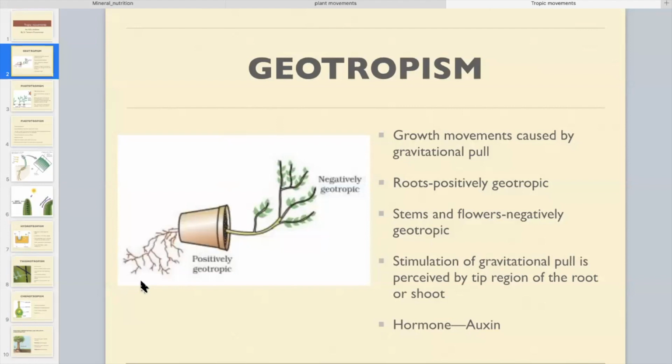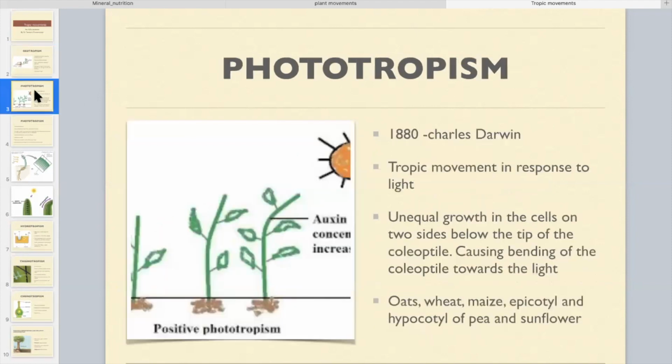That response is perceived by the root or shoot apex, and that's why they show that type of movement. When there is a geotropic movement, one hormone gets synthesized. This hormone is auxin. What is a hormone? It is a biochemical substance synthesized by the plant. An example is auxin. That was geotropism.